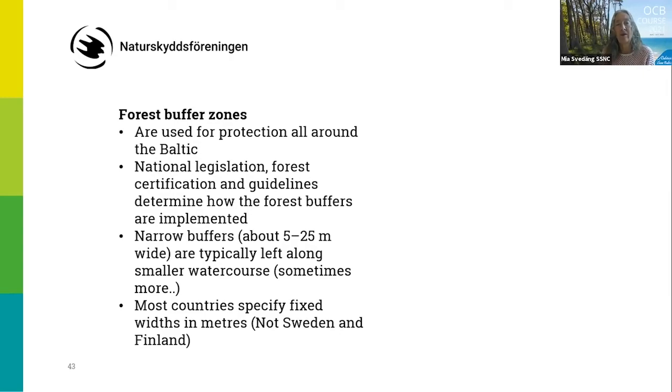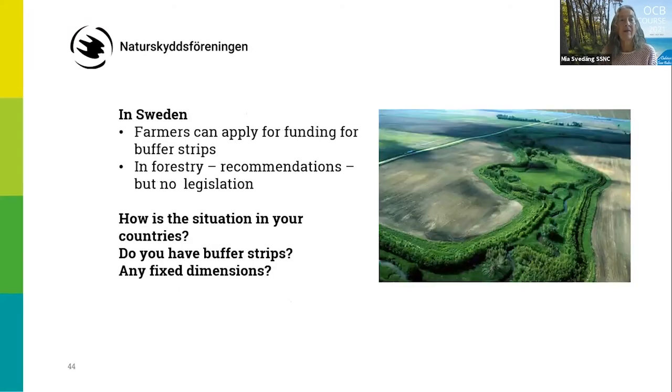Narrow buffers of about 5 to 25 meters wide are typically left along small watercourses, and sometimes more actually. And most countries around the Baltic specify fixed widths in meters, but not Sweden and not Finland. In Sweden, farmers can apply for funding for buffer strips. And in forestry, there are recommendations, but no legislation.